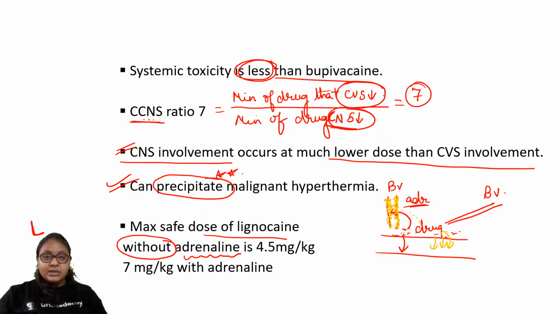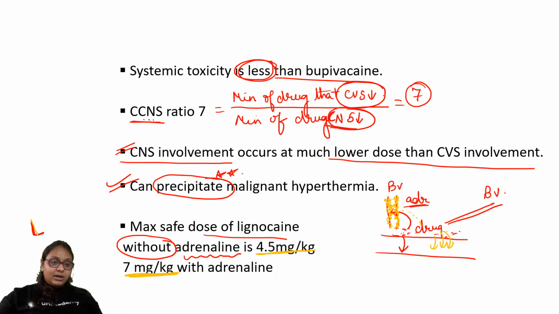Therefore, chances of systemic toxicity are less. So whenever lignocaine is given without adrenaline, the maximum safe dose is only 4.5 milligram per kg. But when I add a vasoconstrictor, I can increase the maximum safe dose to 7.